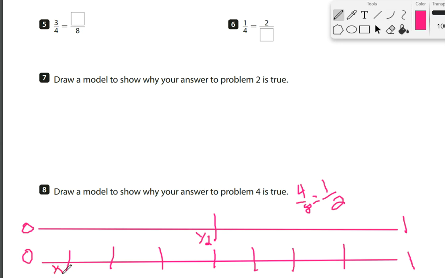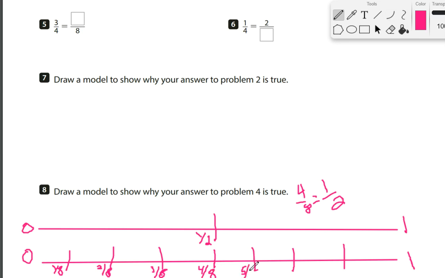All right, here we have 1/8, 2/8, 3/8. If you're getting really frustrated by labeling your number line, just tell me 1, 2, 3, 4, 5, 6. Because I'll be able to count your spaces and say, yup, that is definitely 8 spaces, or I'll be like, hey, that is not 8 spaces, please fix this.